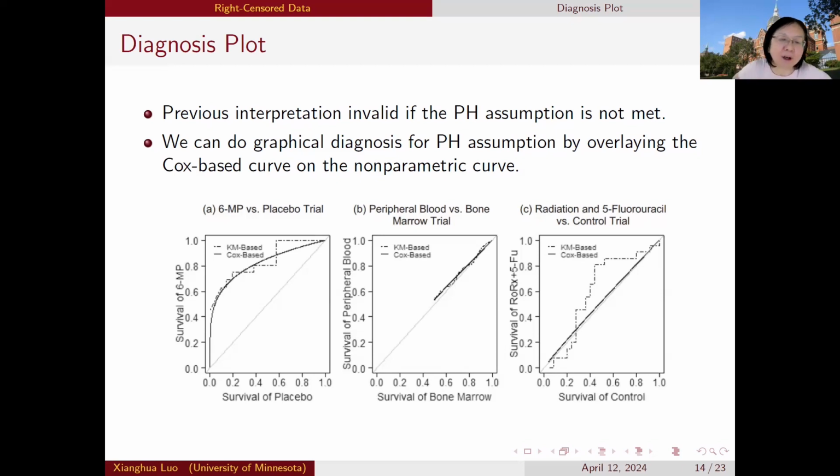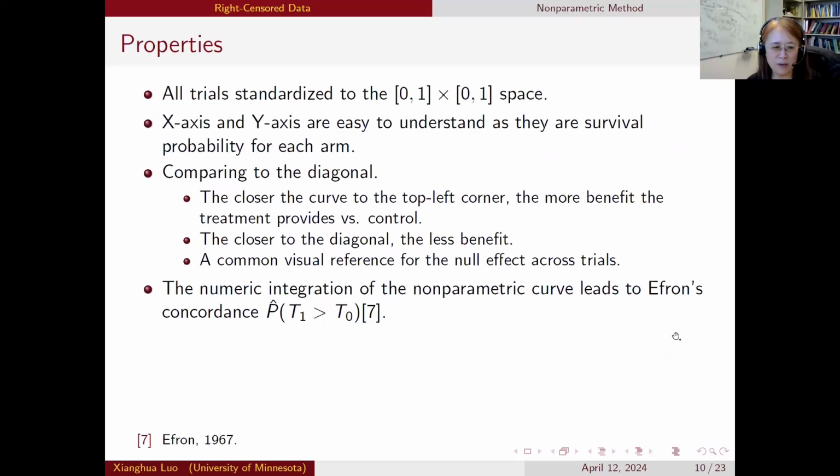So I just wonder, can the curve you propose here detect crossover in hazard? I'm just trying to think of the usefulness of your proposed ROC curve.